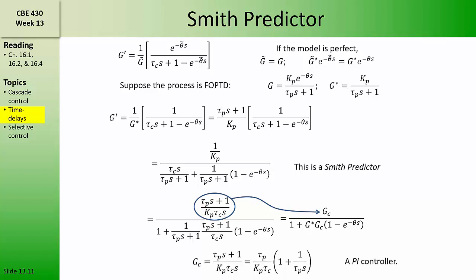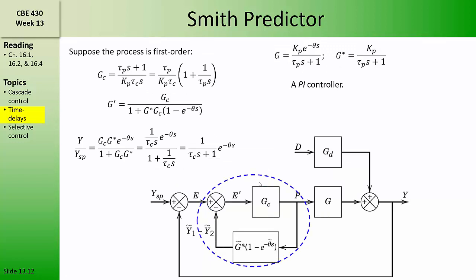When we combine GC with the additional inner feedback loop containing the time delay, we obtain what we call the Smith predictor, the block diagram of which is shown here.